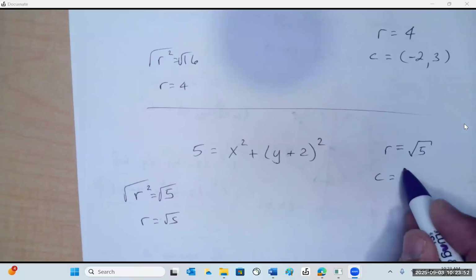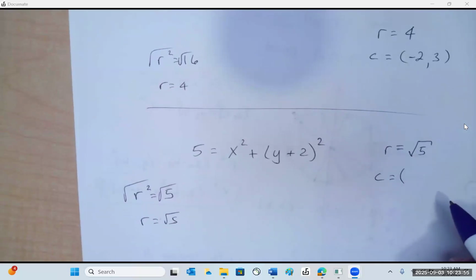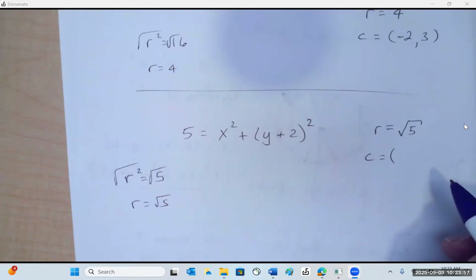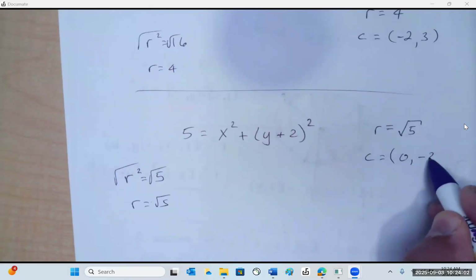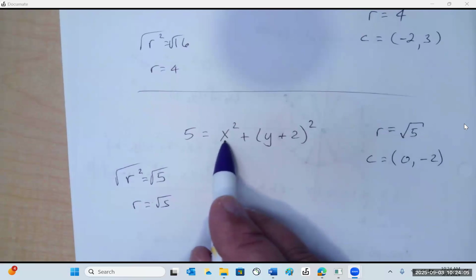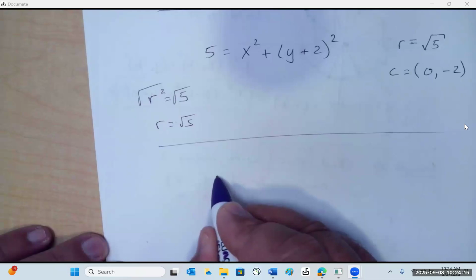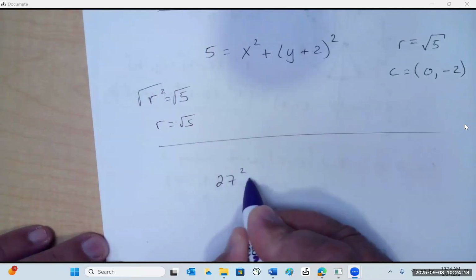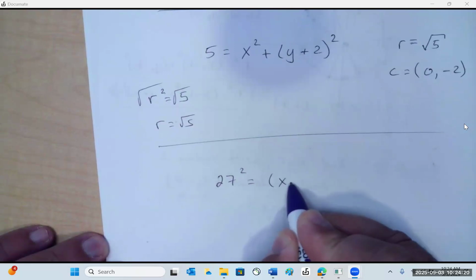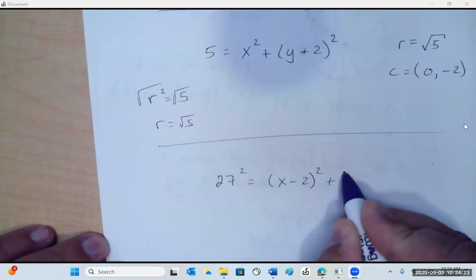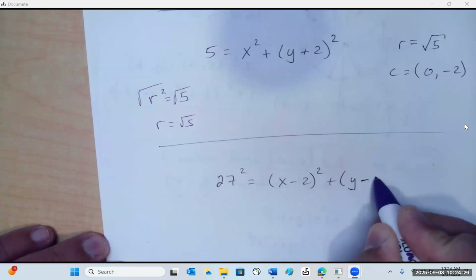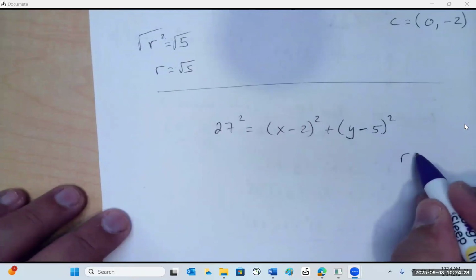So what's my center? It's always opposite. Yes, since there's nothing here, it's 0. Very good. What's my radius and what's my center?